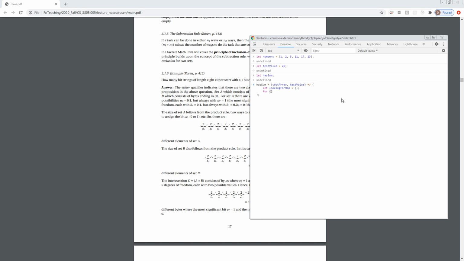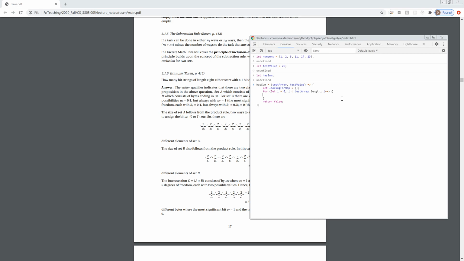Anyway, so we again have our outer loop, which will iterate over the length of the array. If we don't find our value, we need to return false.